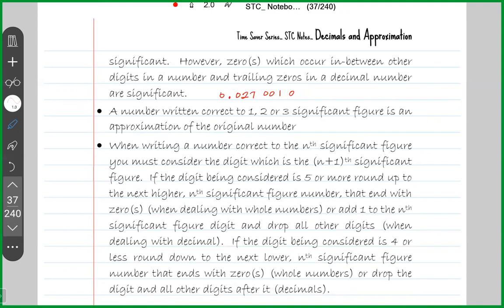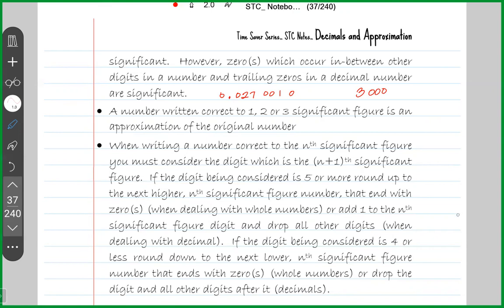The 2 zeros between 7 and 1 are significant, and the 0 after the 1 is also significant. But in the number, let us say 3,000, there is only 1 significant figure, and that is the 3. Trailing zeros in a whole number are not significant, but trailing zeros in a decimal number are significant.